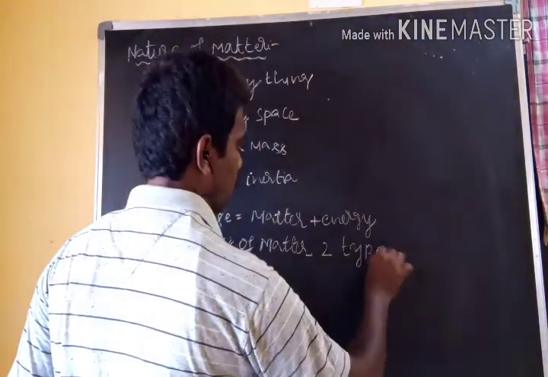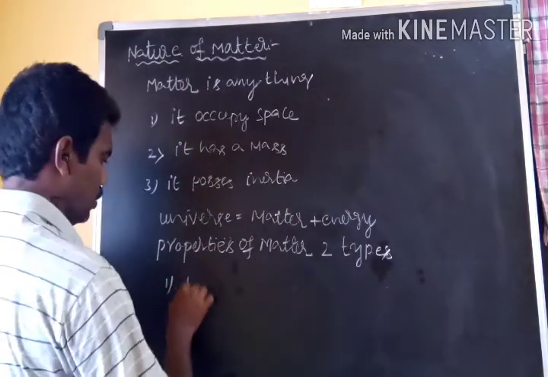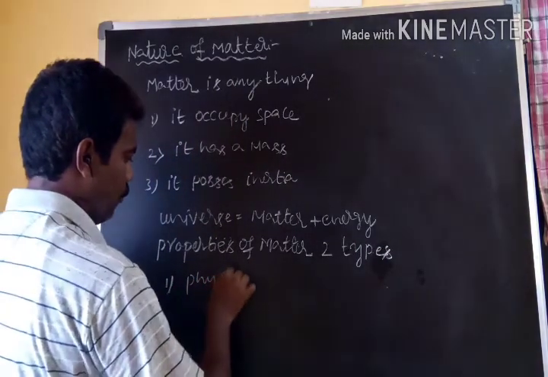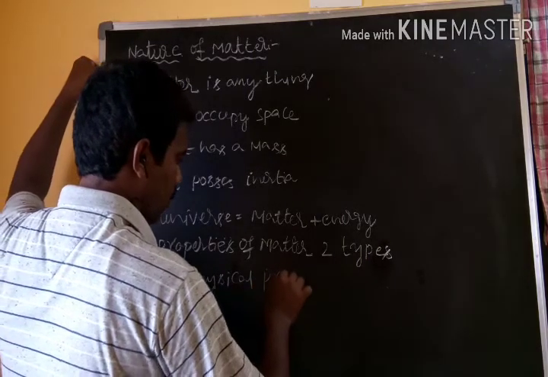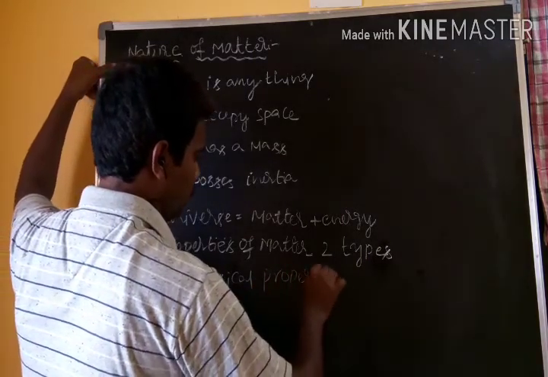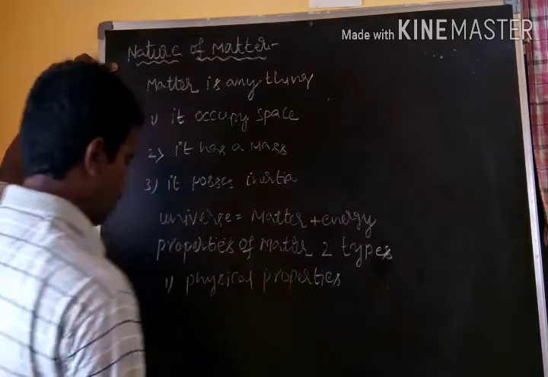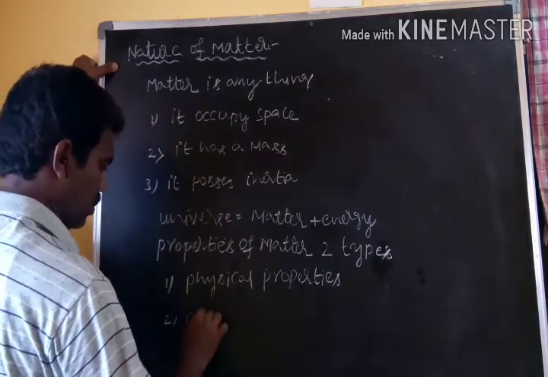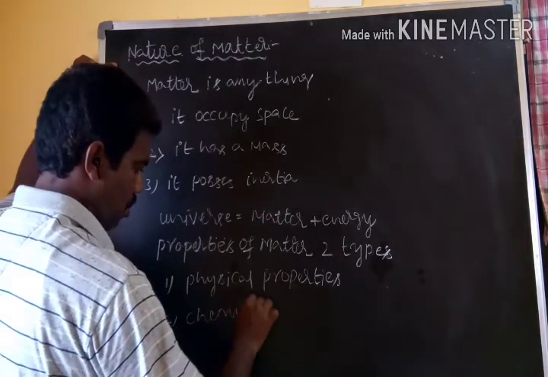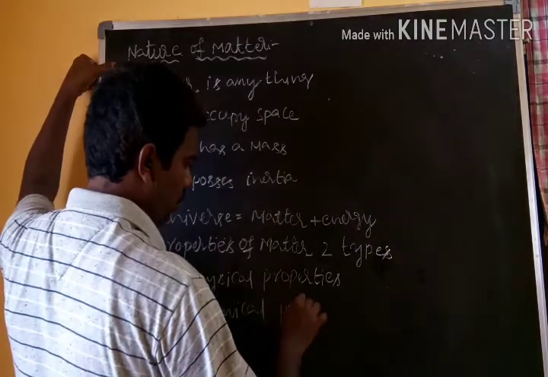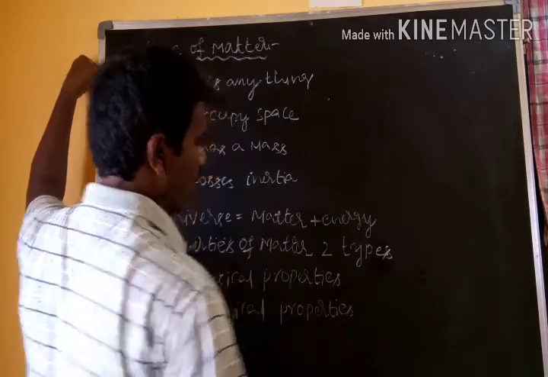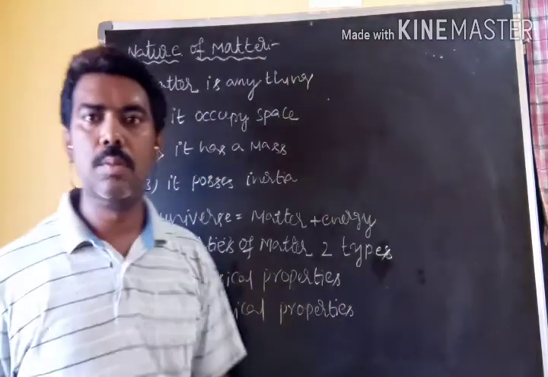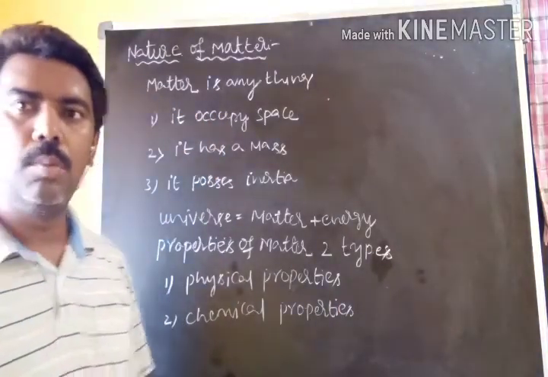Properties of matter are of two types: physical properties and chemical properties.